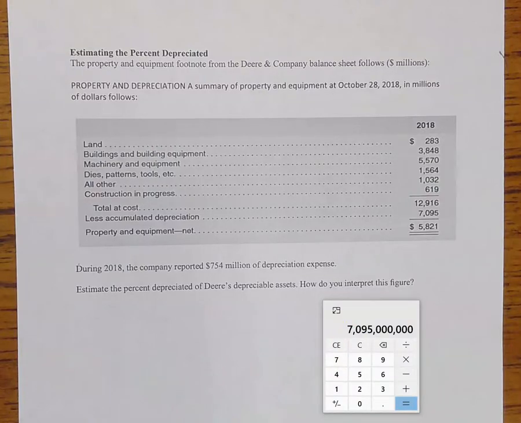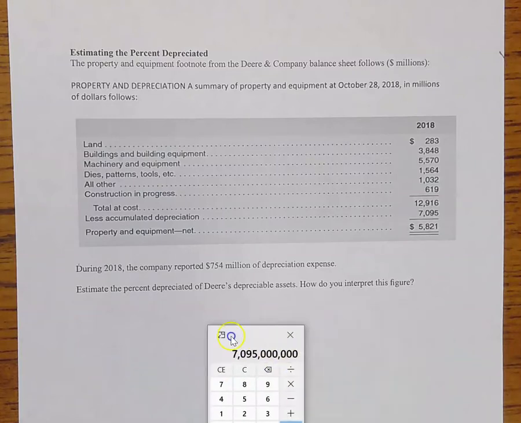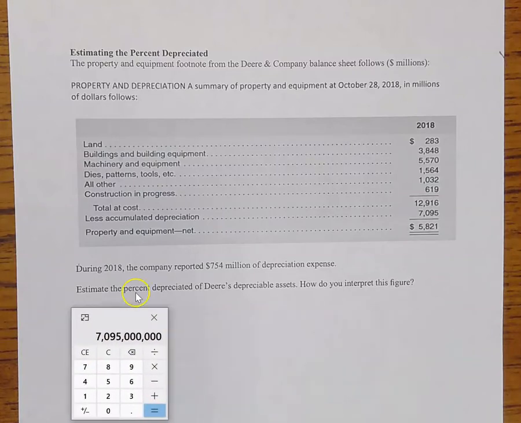Now, do we actually need to make that conversion to answer this question? Well, yes and no. It says estimate the percent depreciated of Deere's depreciable assets, and then how do you interpret this figure? Well, we can get an estimate.